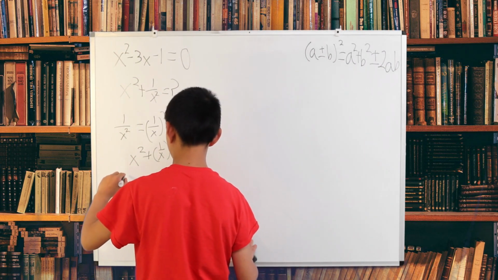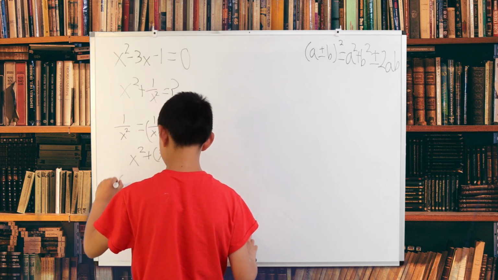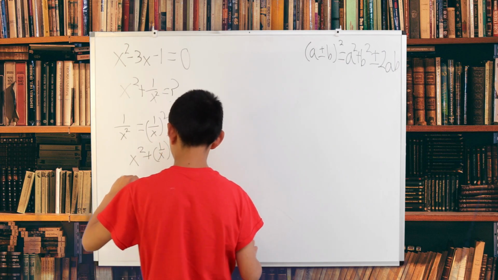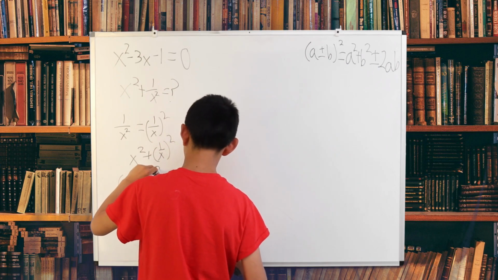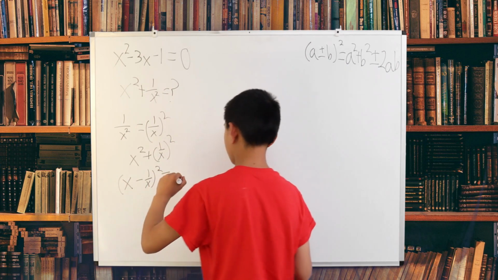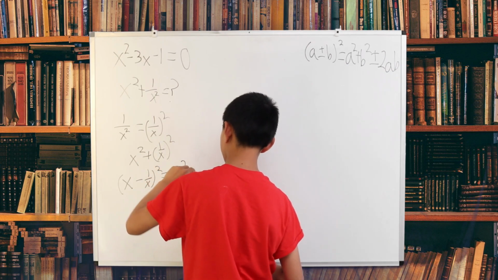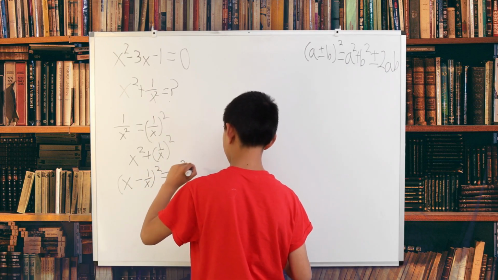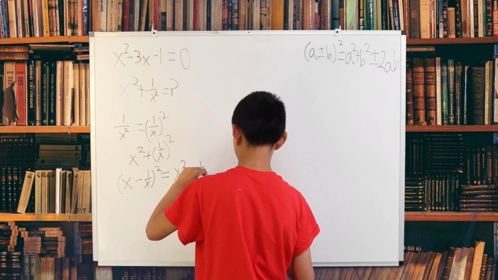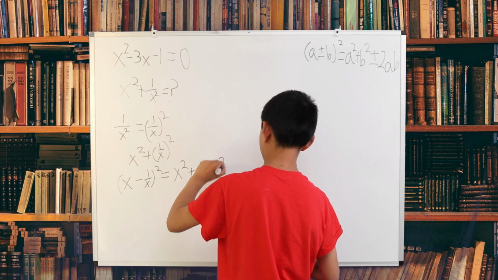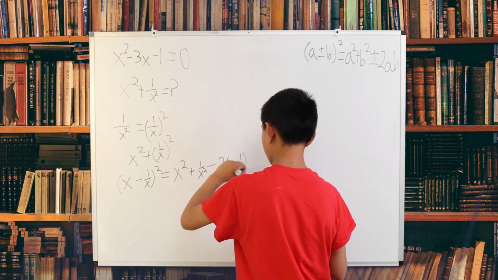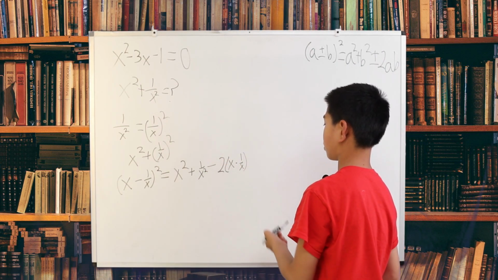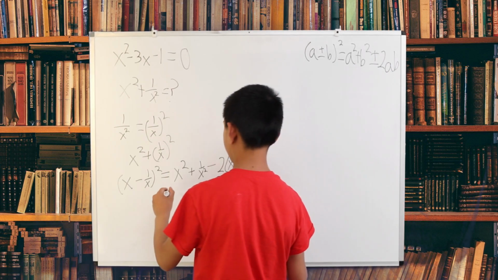So we can write out the equation (x minus 1 over x) squared is equal to x squared plus (1 over x) squared minus 2 times x times 1 over x. Well, x times 1 over x is just 1, so we can write it down here.